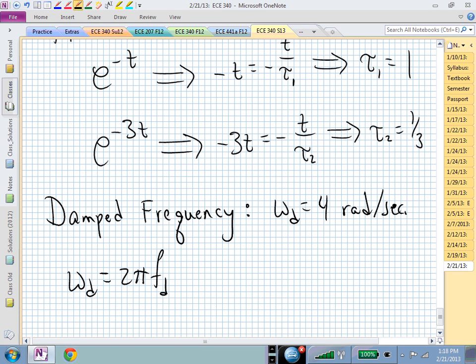So the damped frequency in hertz is related to omega sub d by 2 pi f sub d, and the hertz is related to the reciprocal of the period associated with that oscillating frequency, omega sub d. So I now have 2 pi over t sub d equaling omega sub d, which you just said was 4. And I can now solve this for the damped period of oscillation.